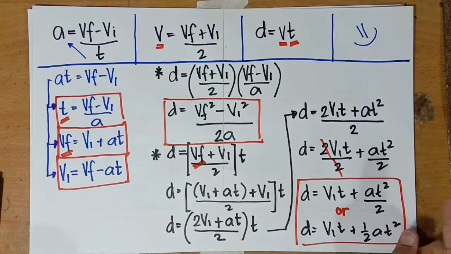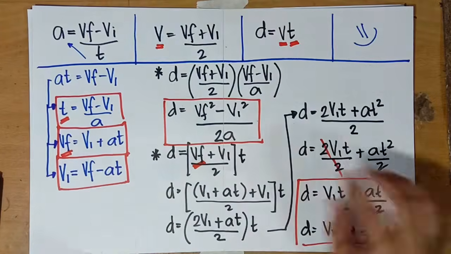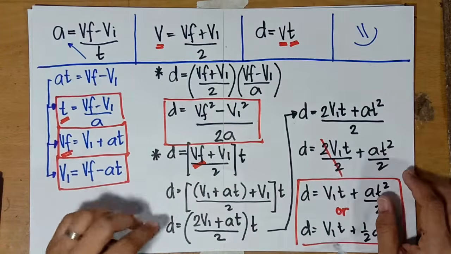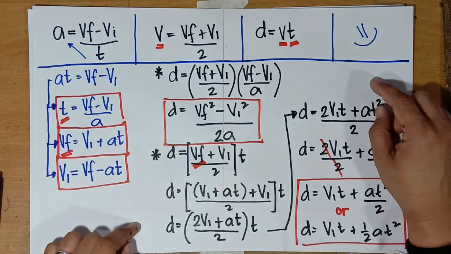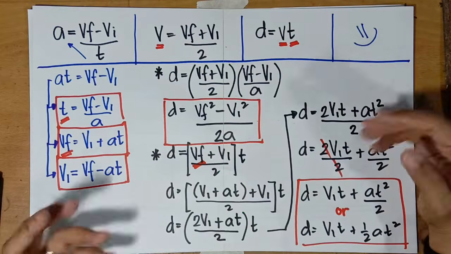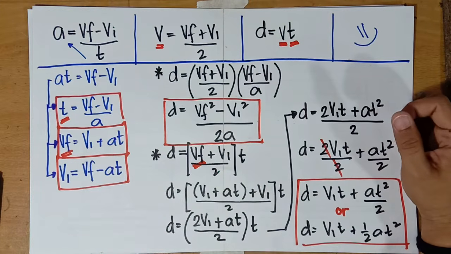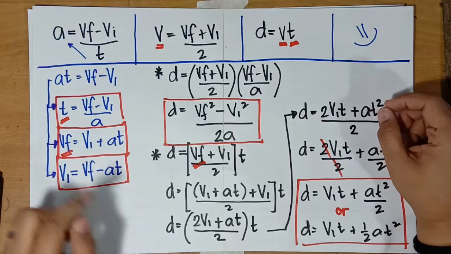And for the next videos, I will be solving physics problems using these derived formulas. But I just would like you to know that, in my personal opinion, in most cases in solving problems in physics, you don't need to derive formulas.